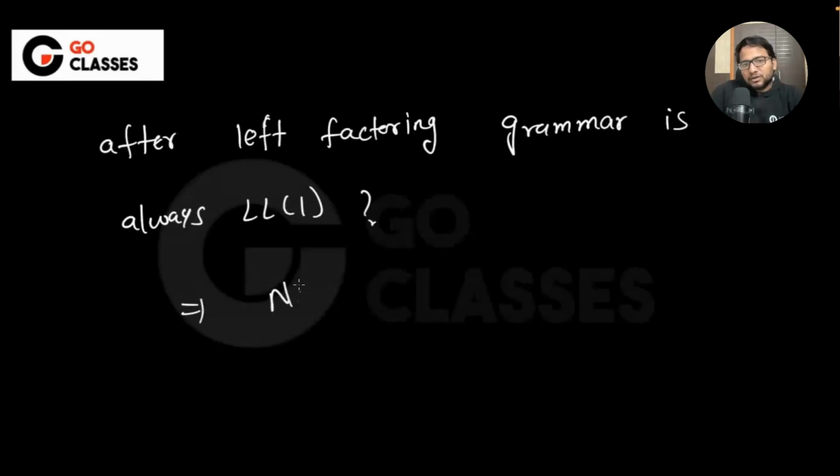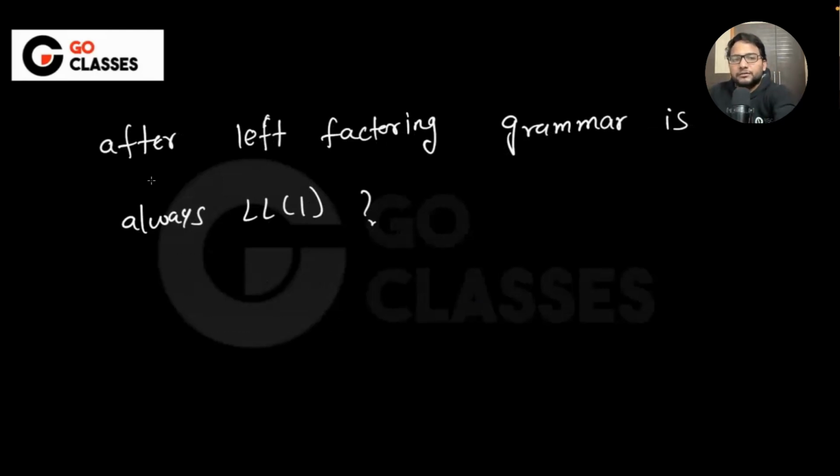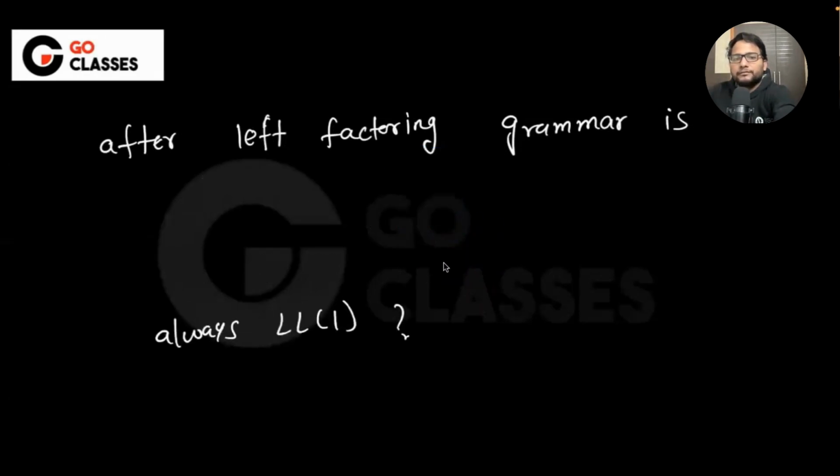The answer is no, right? Why? Because there could be left recursion, but what is the bigger reason? Let's suppose I say after left factoring and after removing left recursion, is the grammar always LL1?